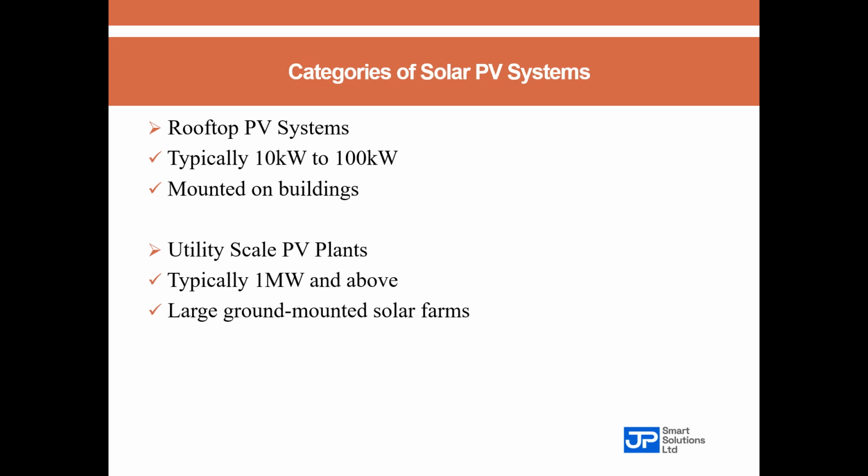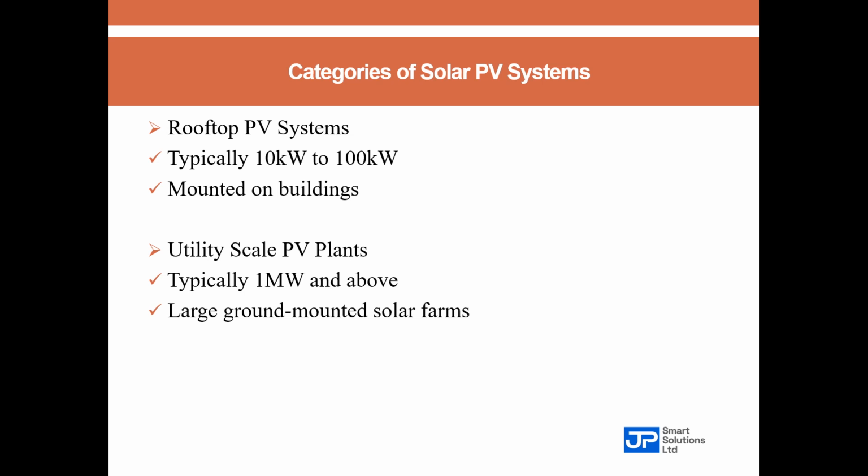Now, it doesn't necessarily mean it must be on the ground. It can be on a platform. We have solar farms on oceans. But the idea is that it is a solar farm and it is large. We can't have a solar farm on a roof. So these are basically the two categories of solar PV systems we have.